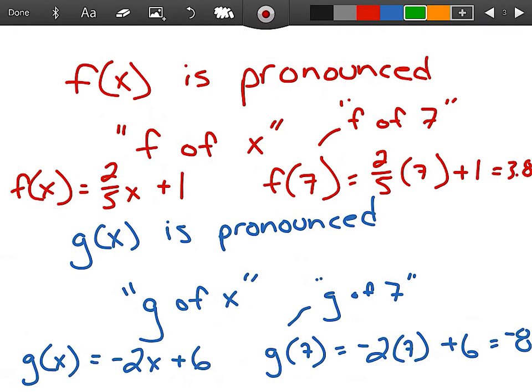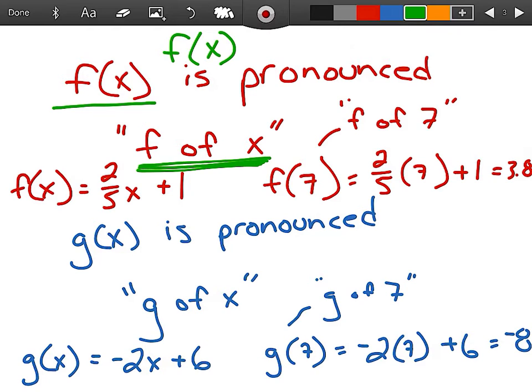Let's look at how we say this. For my red line, f of x is pronounced "f of x." If you see f, open parentheses, x, close parentheses, you're supposed to say f of x, and it means function of x, which is what y is.